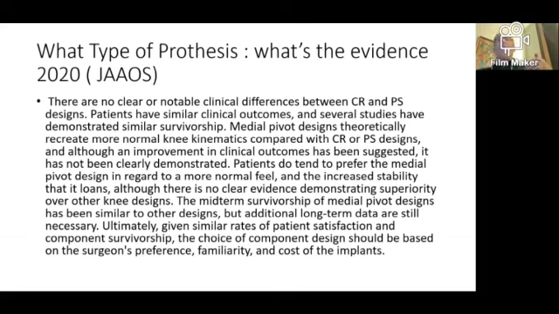We need more data to show that in the long term it is better, like for the uncemented hip. Before, in the 70s and 80s, we used only cemented, and we have survivorship up to 30 years, but now we use only uncemented, so we have to have more long-term results of these medial pivot design arthroplasties.